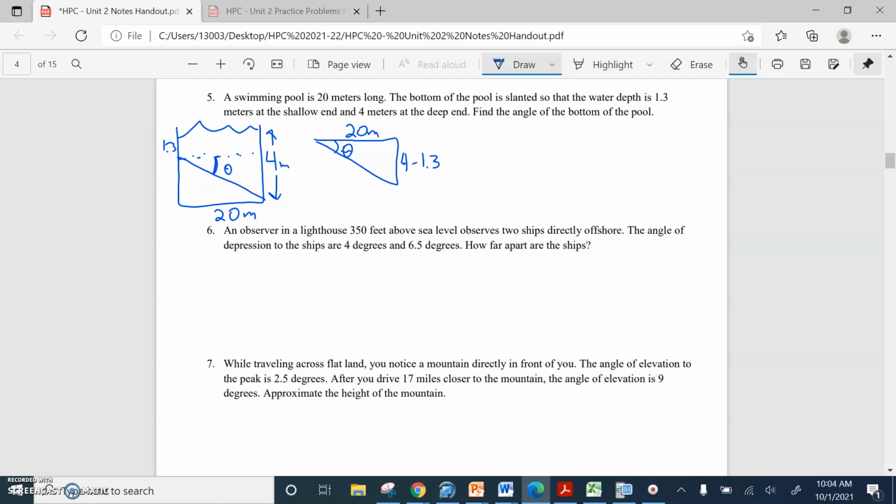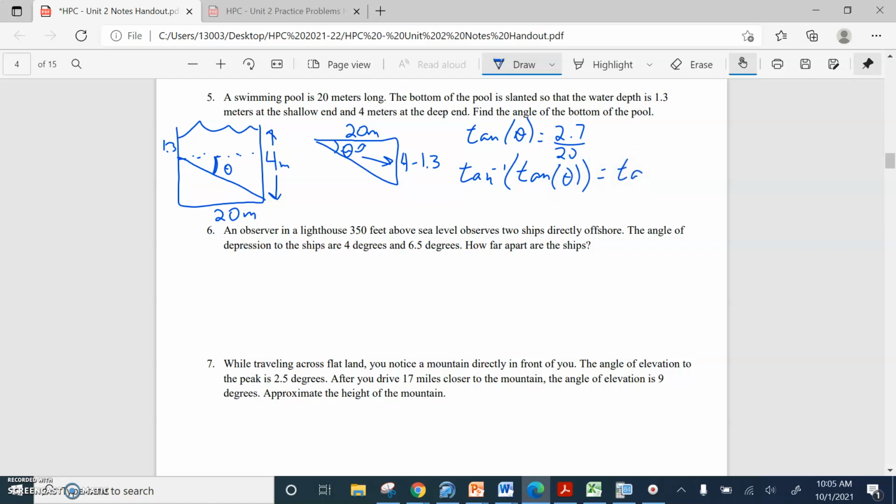So again, we have opposite and adjacent, so we have tangent theta equals 2.7 over 20. To get theta by itself, we take the tangent inverse of both sides.